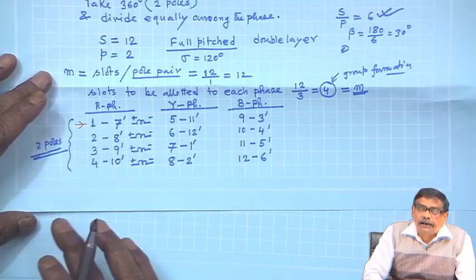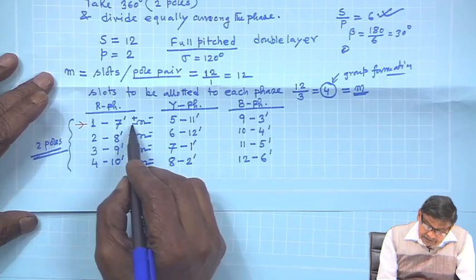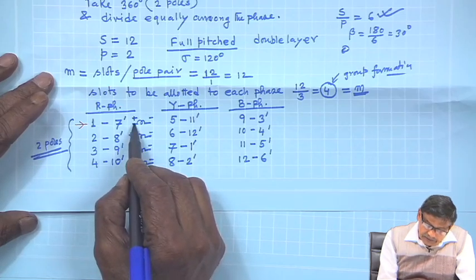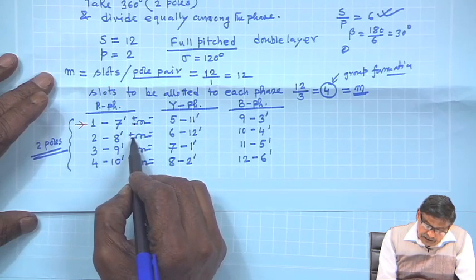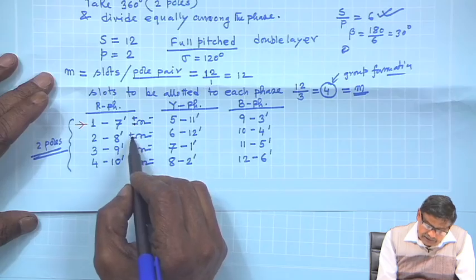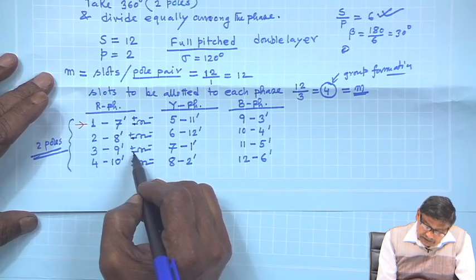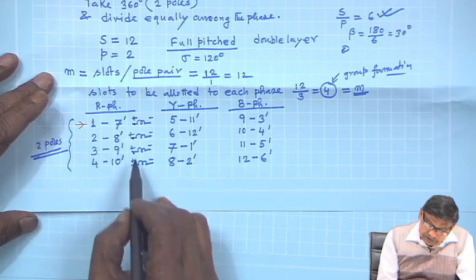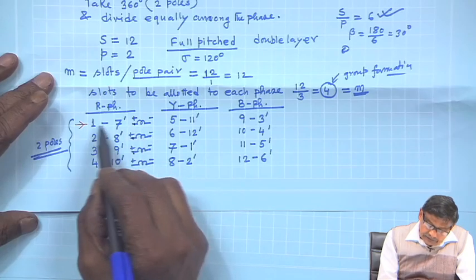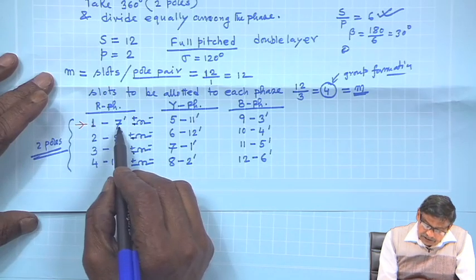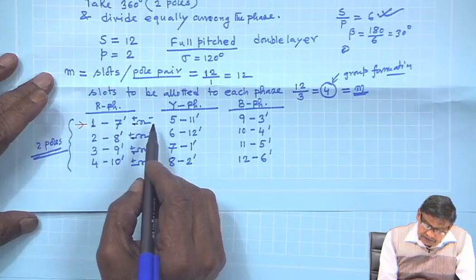This way I have to write the voltage, indicating that this potential 1 and potential 2, 2 will lag this by angle beta, this will lag by beta, this will lag by beta. So, the polarity of the voltage of this coil side with respect to that will be like this.